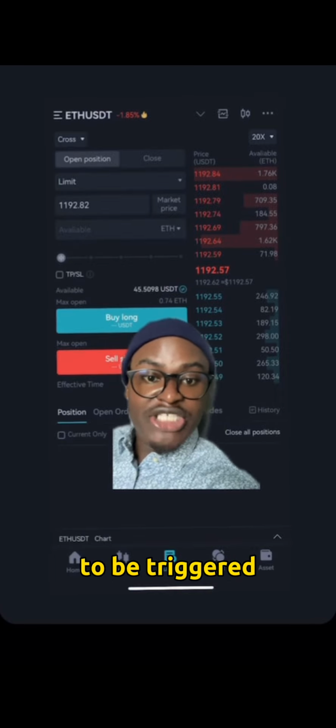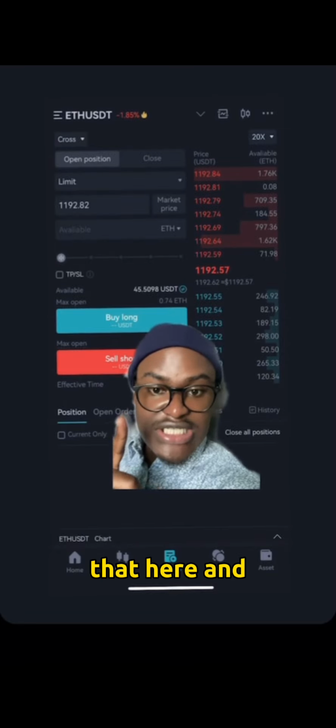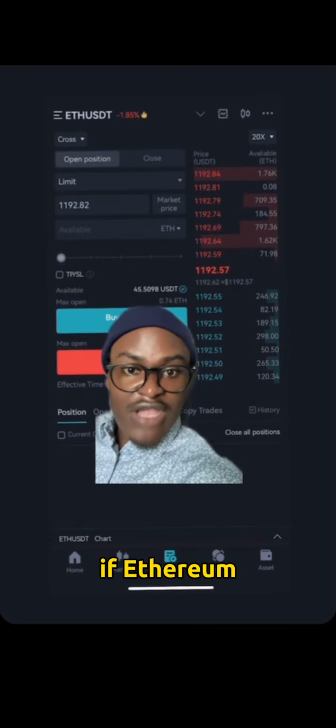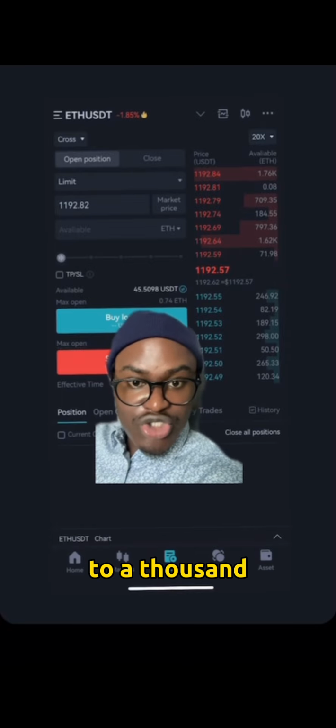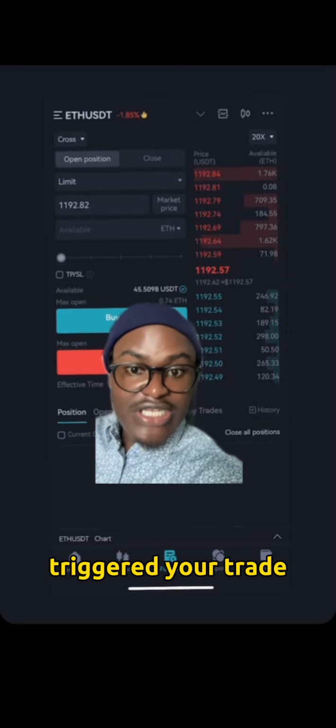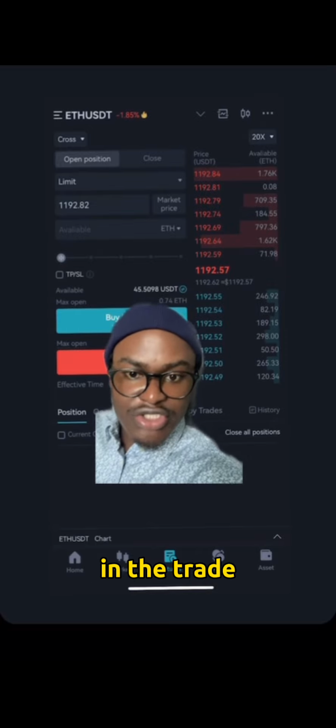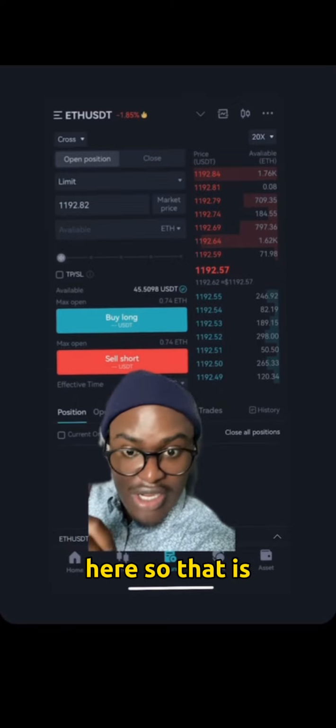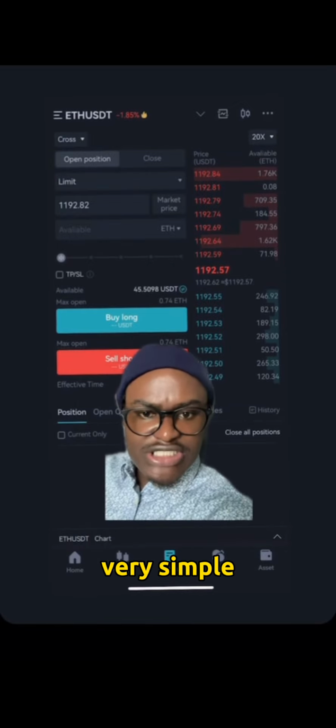They are waiting to be triggered. You will see that here, and the positions that you are in already, or say if Ethereum actually goes to 1,200 and gets triggered, your trade gets triggered and you are in the trade, you will see it now in the positions here. So that is very simple.